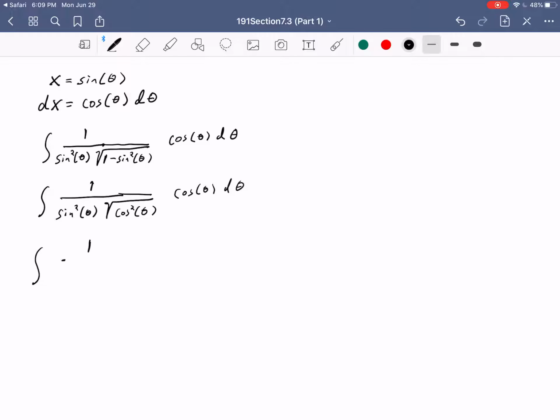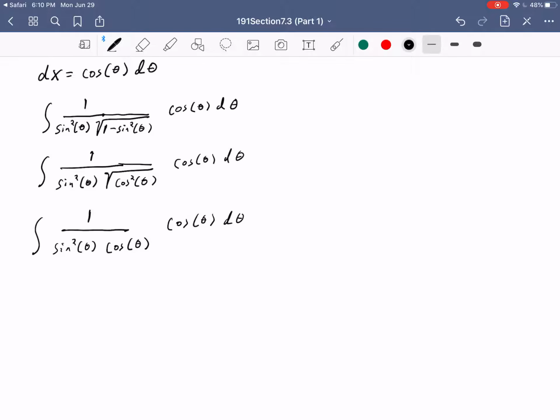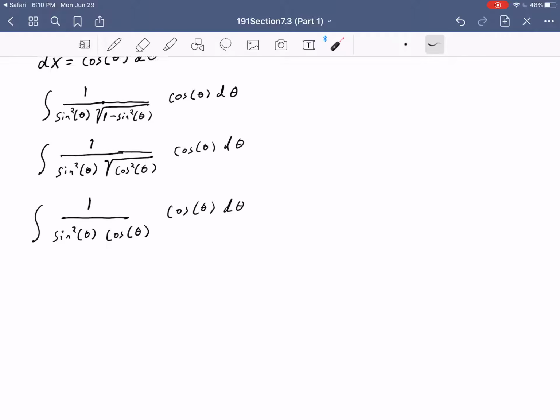So if we do that, we get 1 over sine squared theta, cosine theta, and then we have cosine theta d theta. Okay, now this is still pretty complicated. There's all these different trigonometric functions in there, but at least there's no more radical. Also, all these trigonometric functions are multiplied or divided, so we can cancel things.